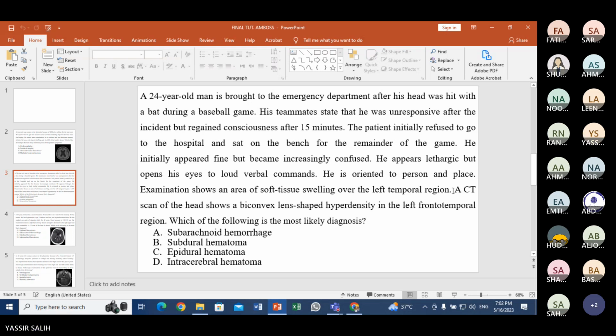The features on CT are biconvex lens shape hyperdensity, with a convex inner margin. Now, what is the source of bleeding if this is epidural hematoma? Which vessel does the bleeding come from? It is mentioned in the lecture. What is the source of bleeding?